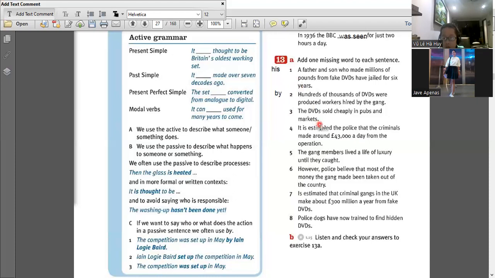Look at number 3. The missing word there: the DVDs were sold cheaply in pubs and markets. So the answer is "were." Here, we're going to put: the DVDs were sold. Okay, were sold.